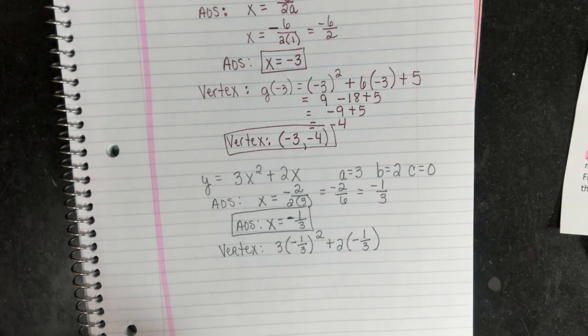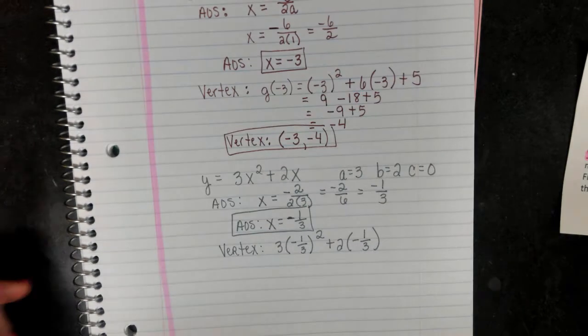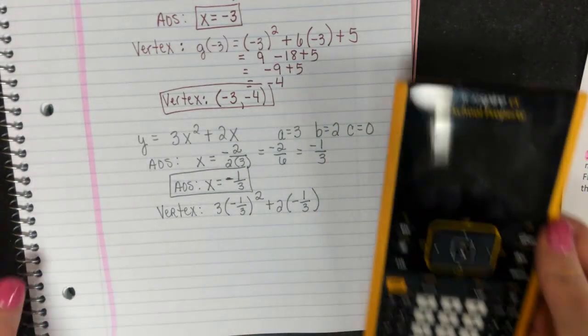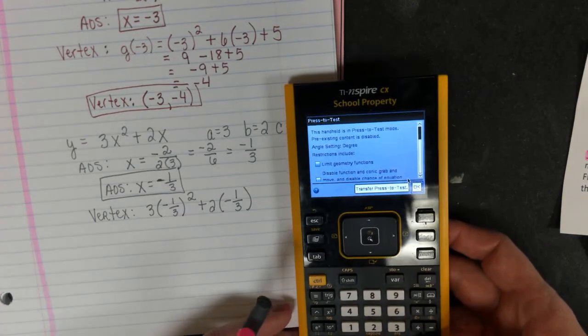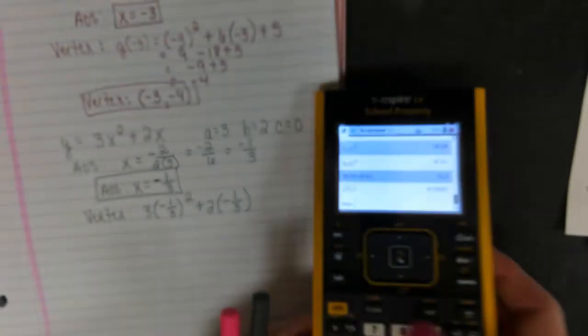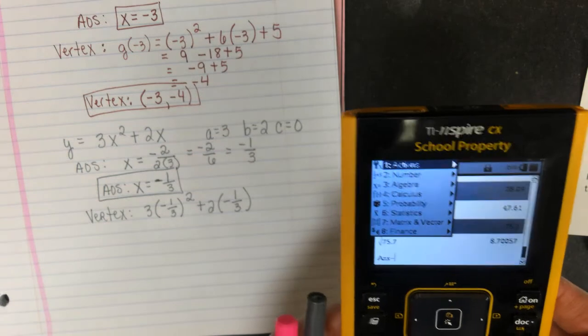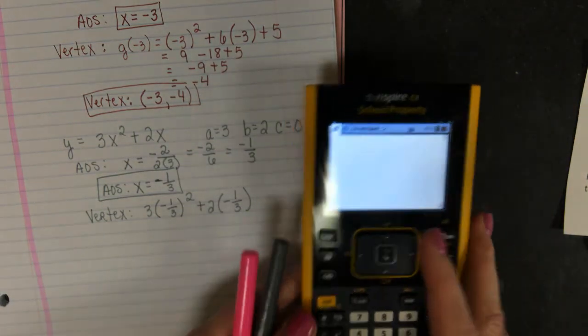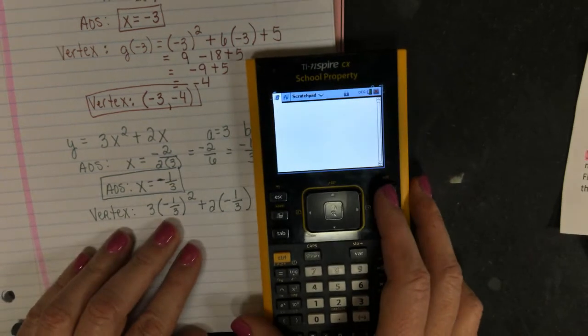Now, I dislike fractions as much as you do. I can do this by hand, but let's talk about how we can use the calculator to make our lives a little bit easier. So take your calculator. Let me clear this so I have a fresh start. I'm going to type it in as is.